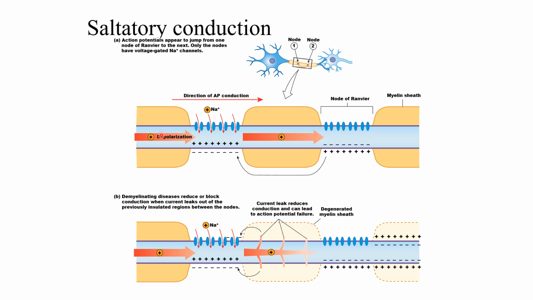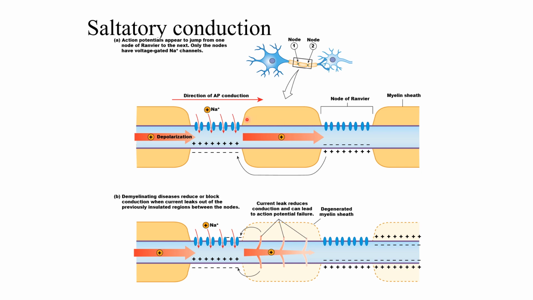Now, as a depolarization wave passes down an axon and the sodium channels open up and the sodium starts to enter, that's going to make the inside of the axon more positive. And those positive charges are going to start moving down the axon. Now, having sodium channels only at the nodes of Ranvier makes the impulse go faster because you're going to be skipping this whole entire region where you don't have to go through the opening and closing of those sodium channels.